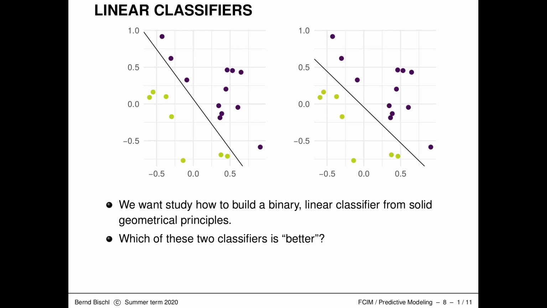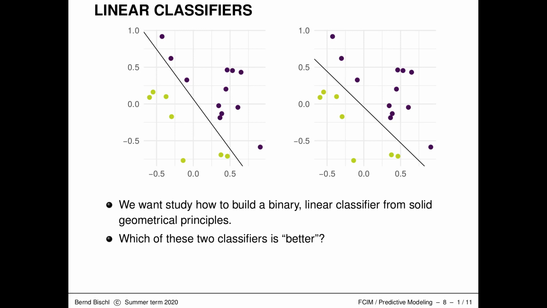And when Vapnik introduced this, it was already directly founded upon this principle of risk and regularized risk minimization. But give me a few minutes until we arrive at that stage.